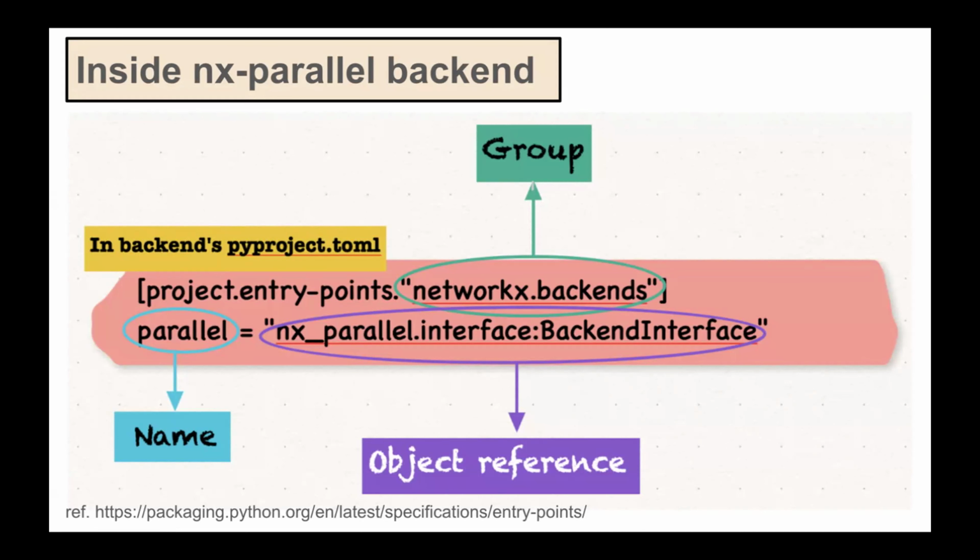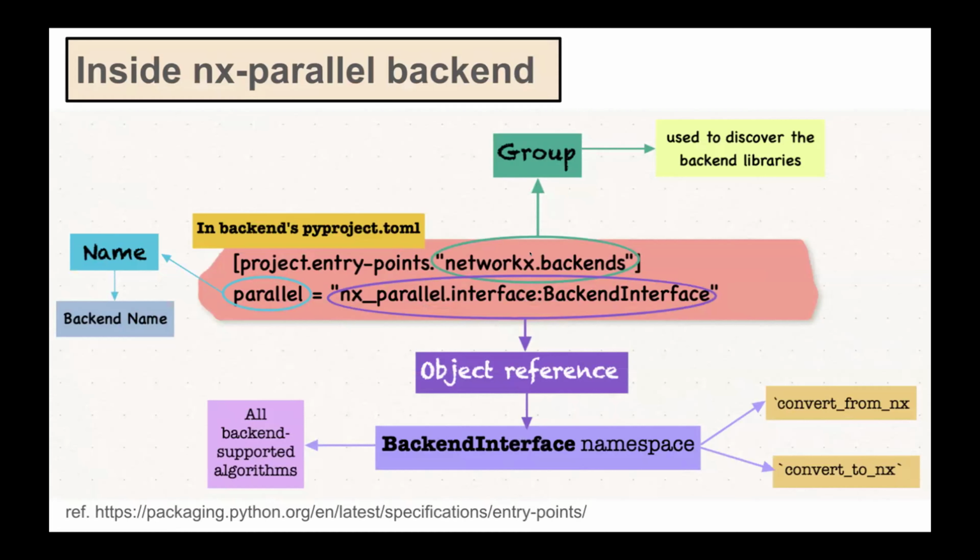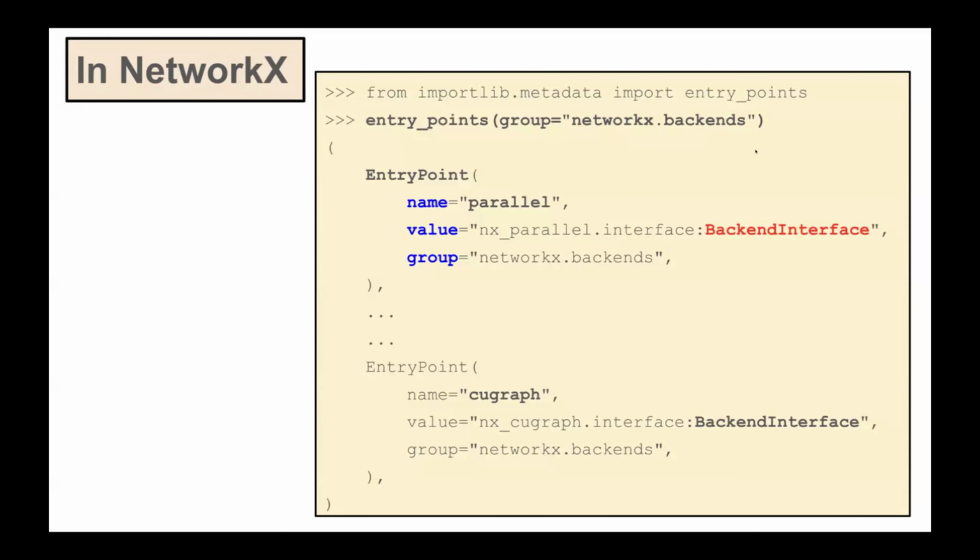It has these 3 things: group is used to group all the installed backends under this group name, name is the backend name, and object references all the functions supported by that backend plus the convert function to convert from a NetworkX graph to an NX parallel graph, and from an NX parallel graph to a NetworkX graph. And on NetworkX's side, it's just this one function call that gives you all the installed backends, a mapping of the backend name and the backend namespace.